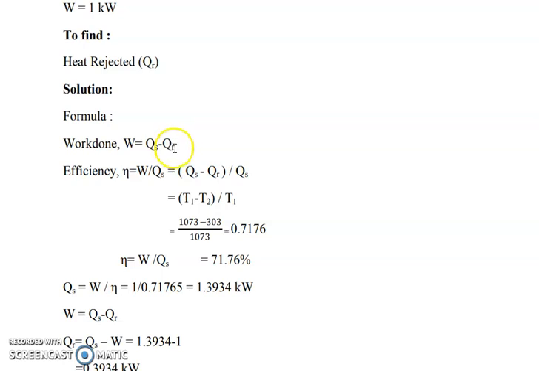For finding out this heat rejection, I should know two parameter values: one is work done, another one is heat supplied. Already in the question itself, work done is given, that is 1 kilowatt. Now if we know the value of heat supplied, we can find out heat rejected by using this relation. So let's find out the heat supplied.